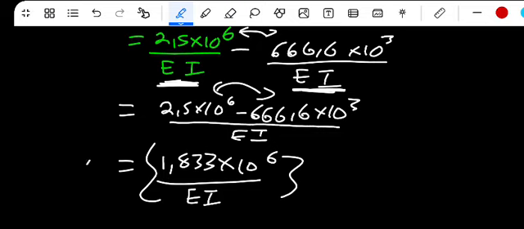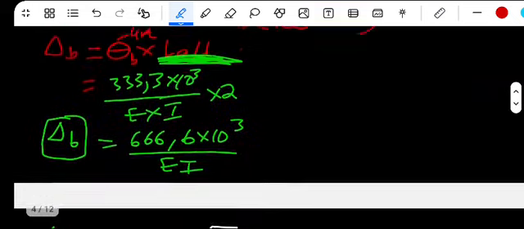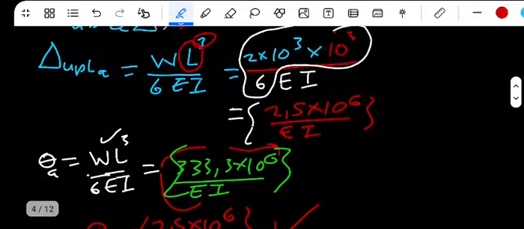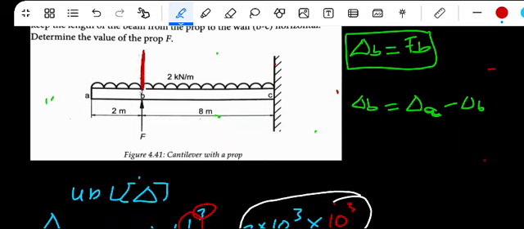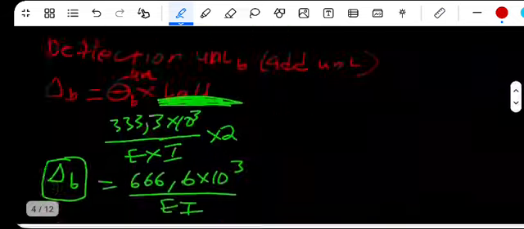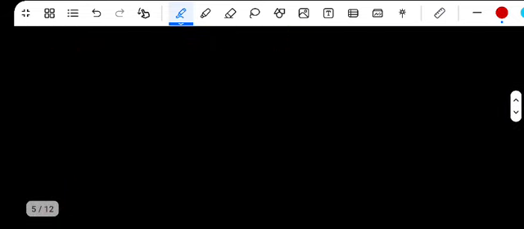This is the total deflection at B. But I've said now the total deflection at B must be equal to the prop. Now we have this total deflection at B. The total one now must be equal to this prop. They're acting in the same direction. Must be equal to the prop.